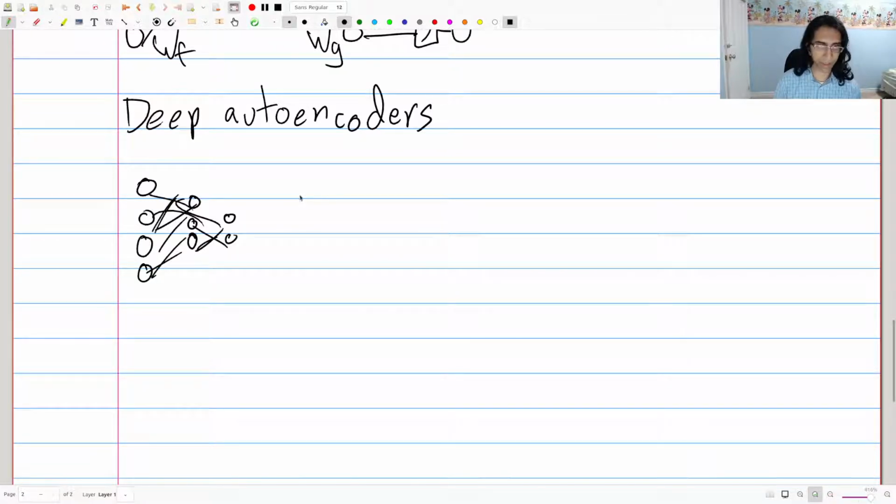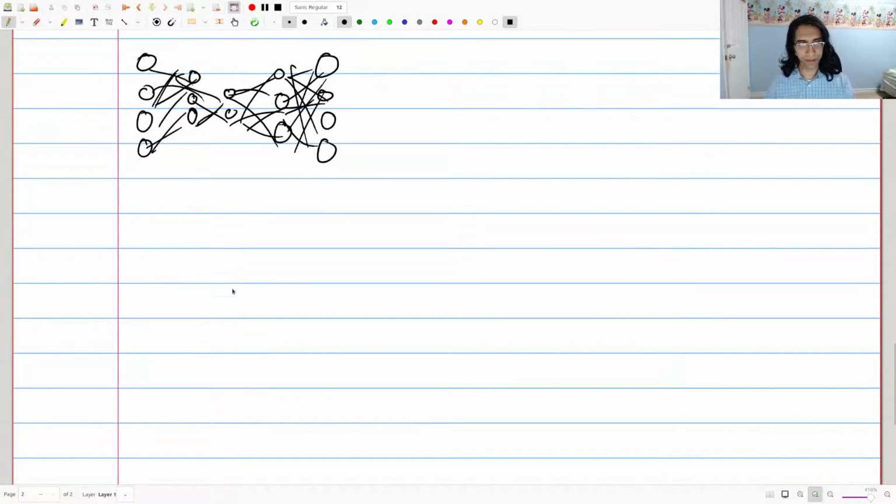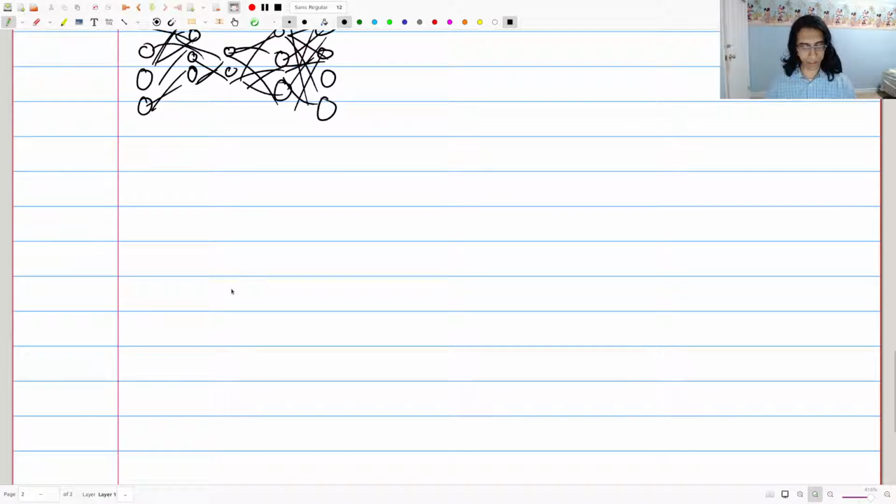And then we make it bigger again. So this is a deeper autoencoder. Again, it's basically the same idea as all these other things we've looked at, but making it deeper can lead to it being more expressive again, especially in practice.